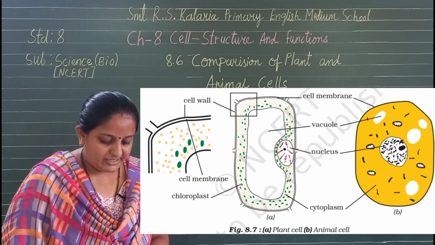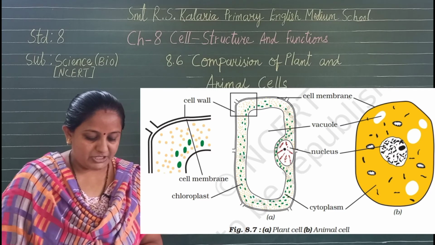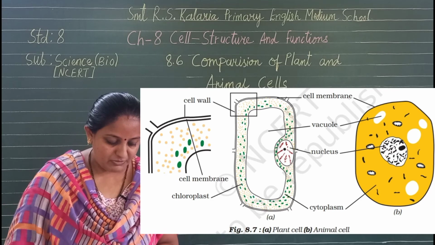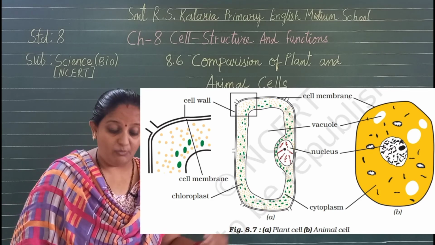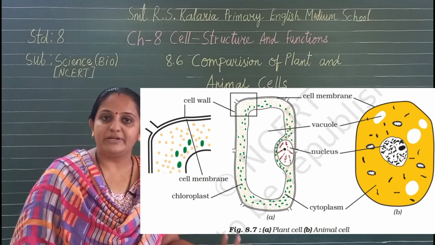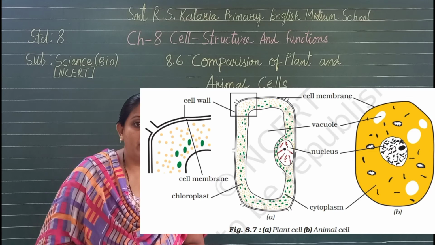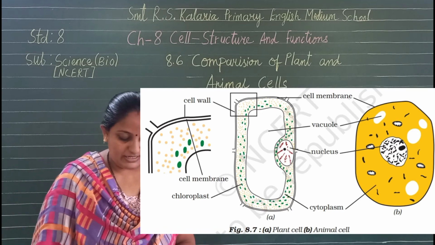So you can see that the cell membrane is present in both, vacuole present in both, nucleus present in both, cytoplasm present in both, and the cell wall is additional in the plant cell. Chloroplast is only present in the plant cell because the green pigment plastids are there, and absent in the animal cell. So this is about the comparison of plant and animal cell.